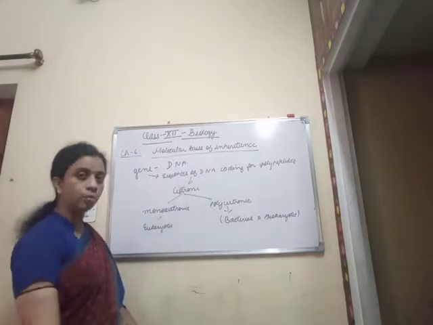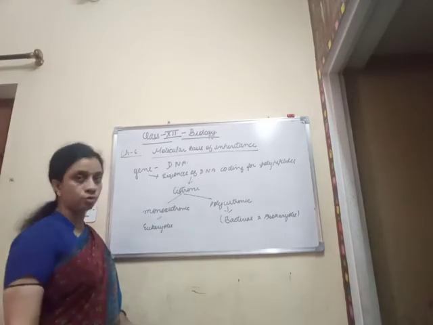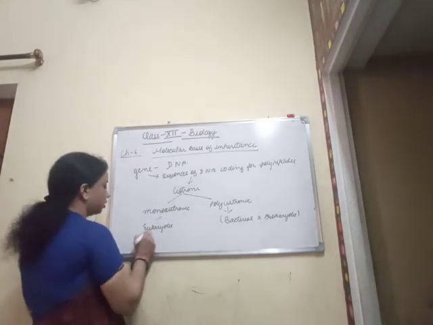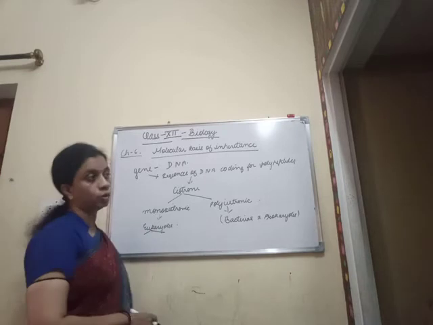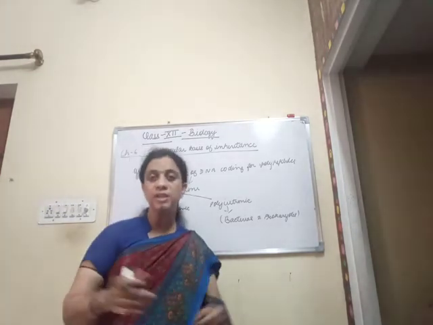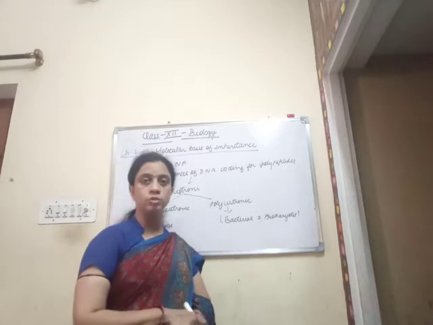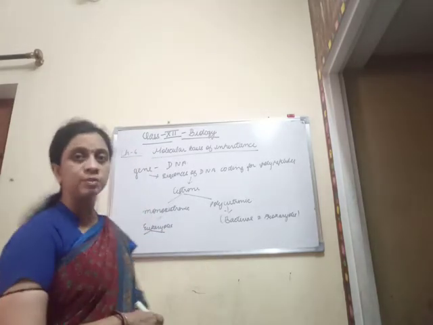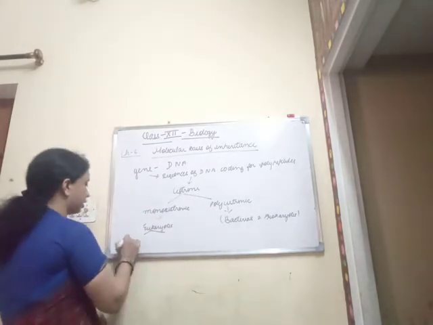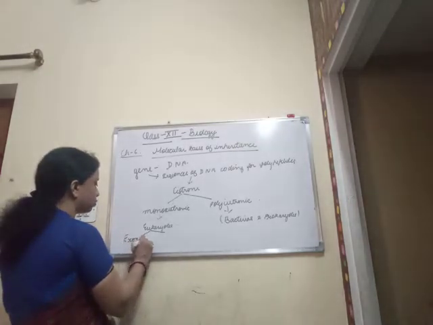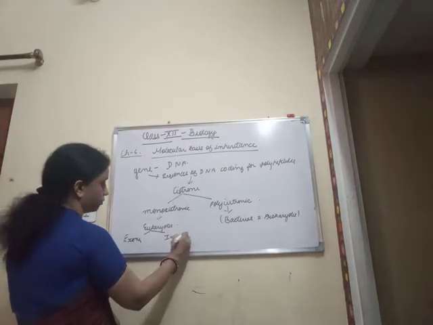These monocistrons have split genes. These split genes are not continuous gene sequences, and they are categorized into two forms, that is the exons and the introns.